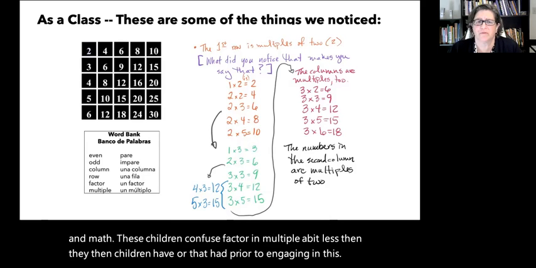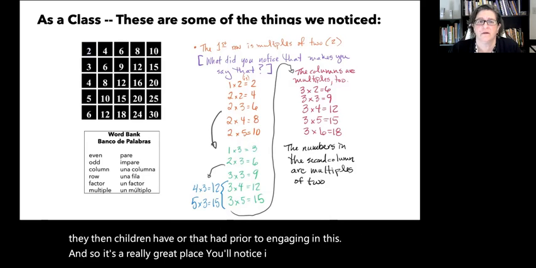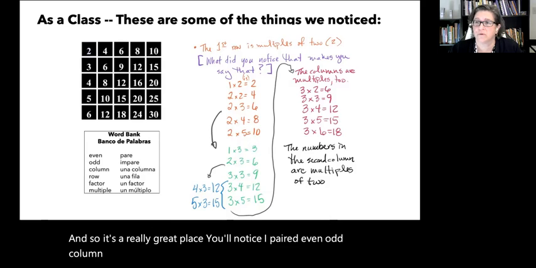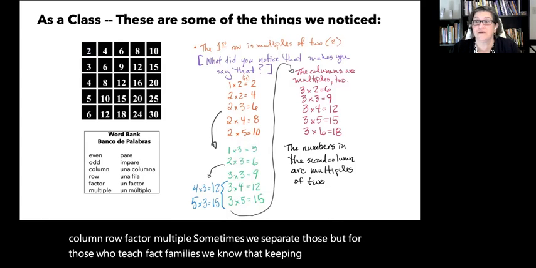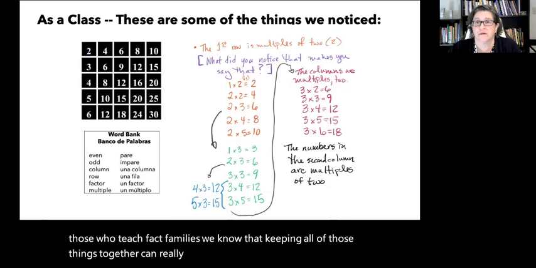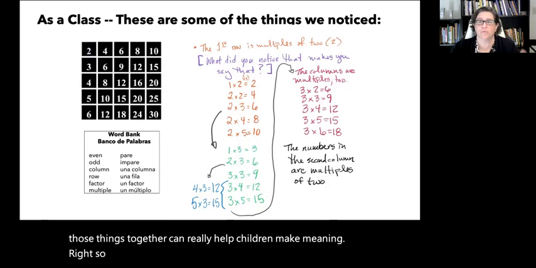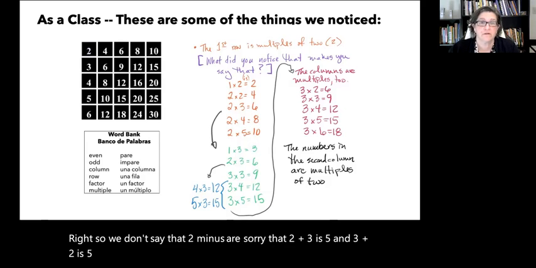And so it's a really great place. You'll notice I paired even, odd, column, row, factor, multiple. Sometimes we separate those, but for those of you who teach fact families, we know that keeping all of those things together can really help children make meaning, right? So we don't say that 2 plus 3 is 5, and 3 plus 2 is 5, and 5 minus 3 is 2, and 5 minus 2 is 3. We don't say that those are all different things.